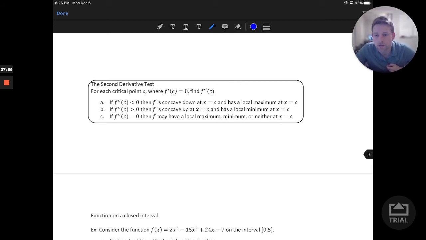And here's one way to consider which one to use: if we can easily find the second derivative of a function, the second derivative test is a really helpful tool. If it's a more complicated function where the second derivative is not easily obtained, then the first derivative test can actually be more valuable since the second derivative might be more complicated. So just a little rule of thumb.